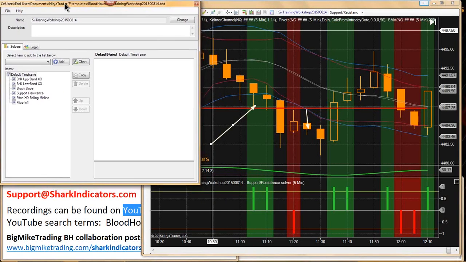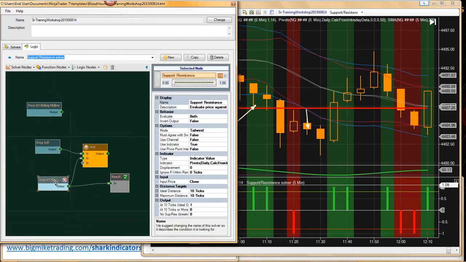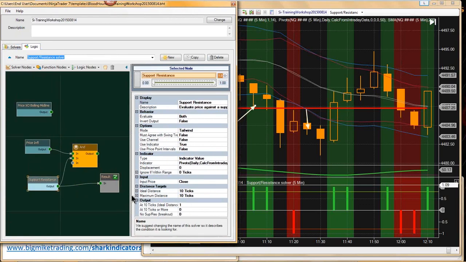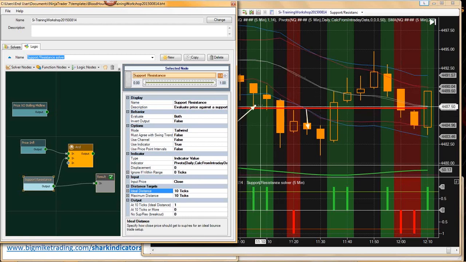So let's get back into BloodHound here. Typically, most people usually have some kind of a fixed distance that they need price to get within their support or resistance line.